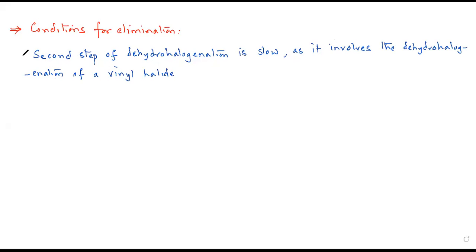Okay, next. See, because this step is slow, or this step is difficult to carry out, it is carried out under extremely basic conditions. So the second step occurs only under highly basic conditions.